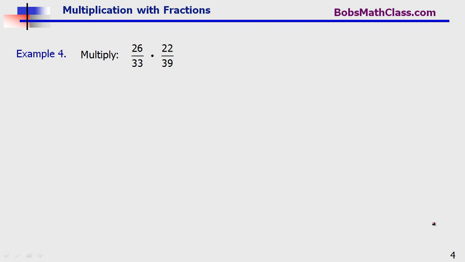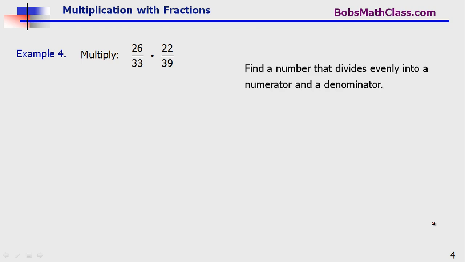Okay, let's do another problem. 26 over 33 times 22 over 39. So we're going to find a number that divides evenly into the numerator and the denominator. I guess we could start with 22 and 33. What number divides evenly into 22 and 33?